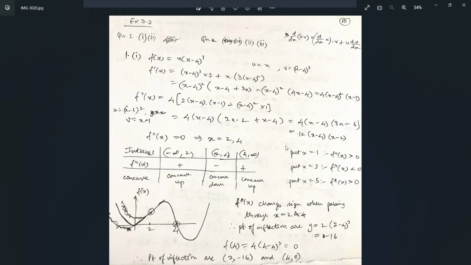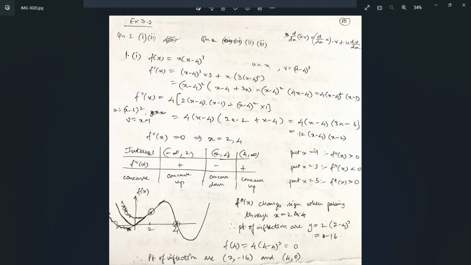Now to find out which is concave up and which is concave down, I have to substitute a sample point in these intervals. In minus infinity to 2, 1 lies in that interval.